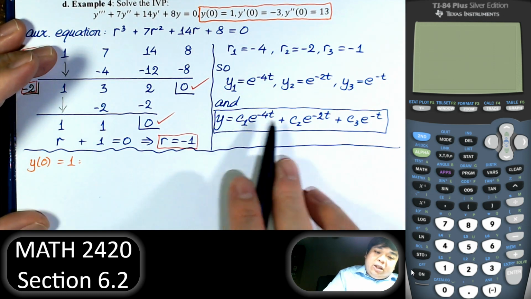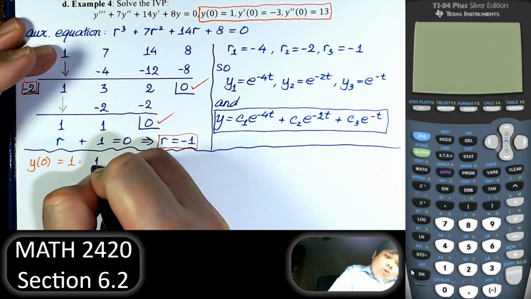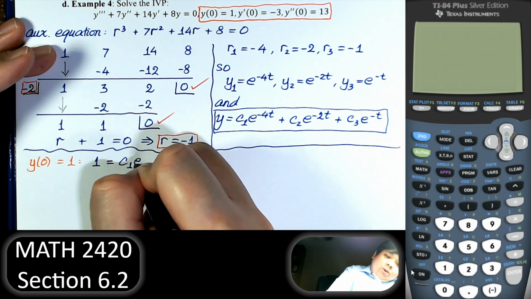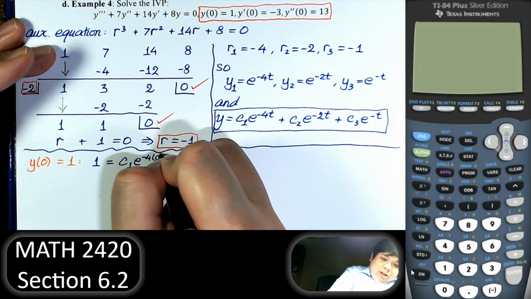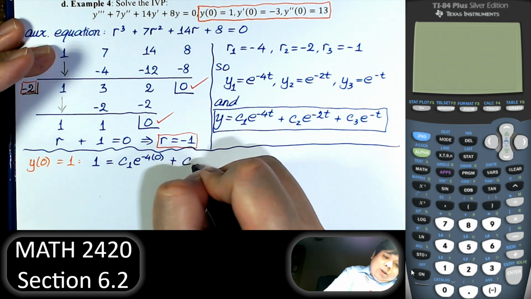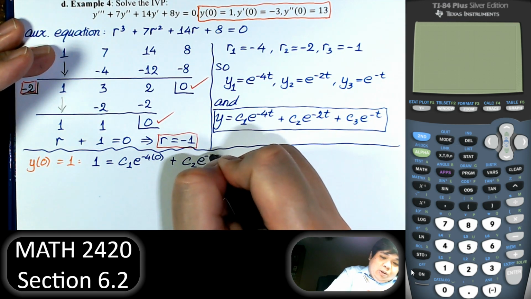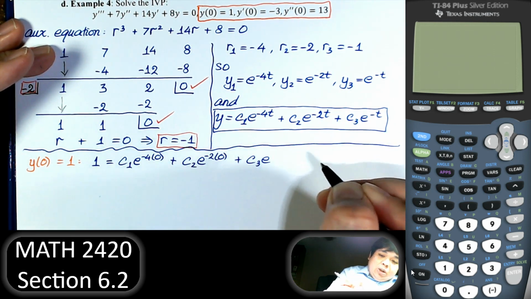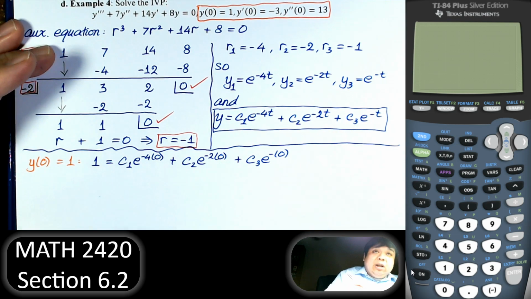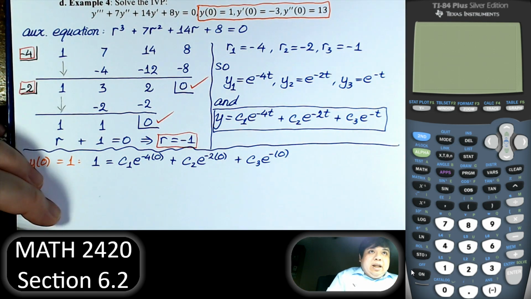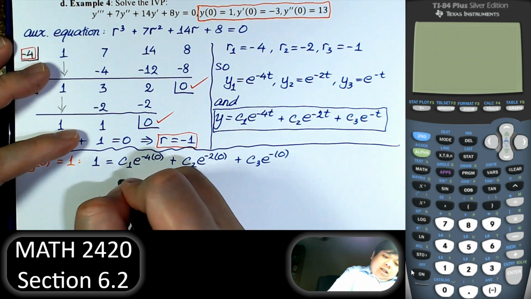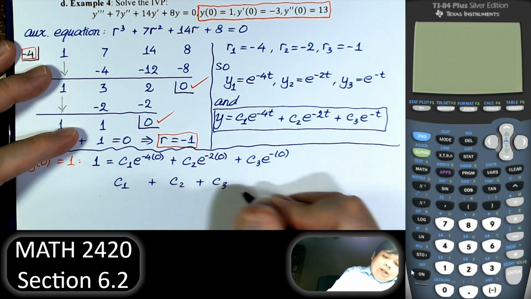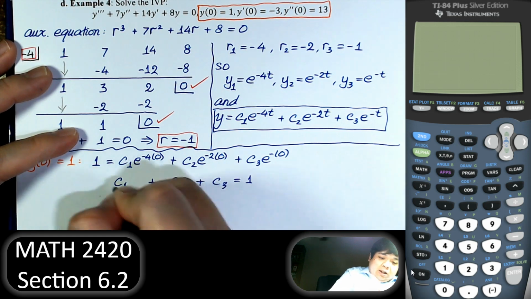So put 0 in for t, make that equal to 1. c1 e to the negative 4 times 0 plus c2 e to negative 2 times 0 plus c3 e to negative 0. e to 0 is 1. So we just have c1 plus c2 plus c3 equal to 1.